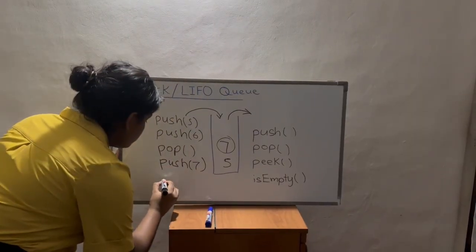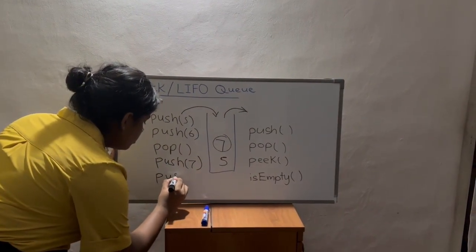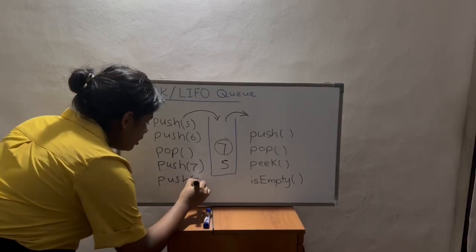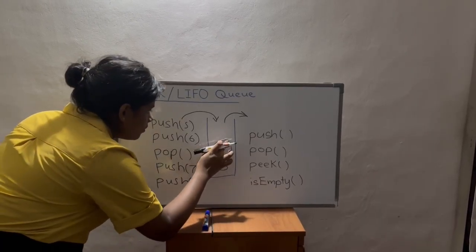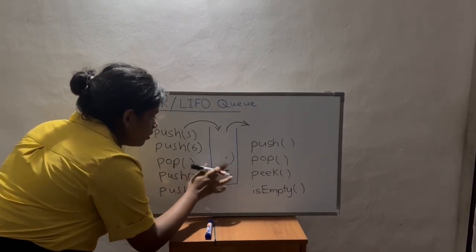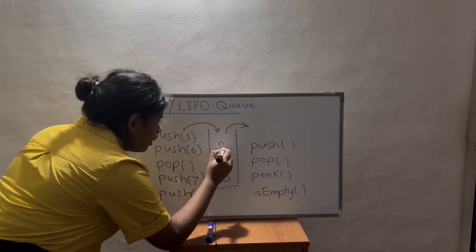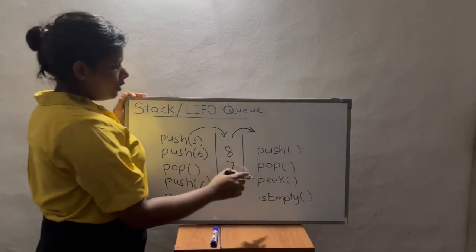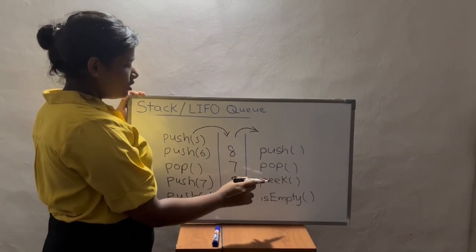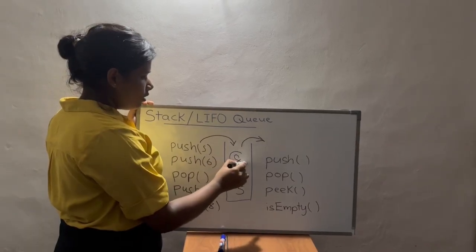If we add another element like 8, we have 5, 7, 8. And if we perform the peek function, it will return the 8.